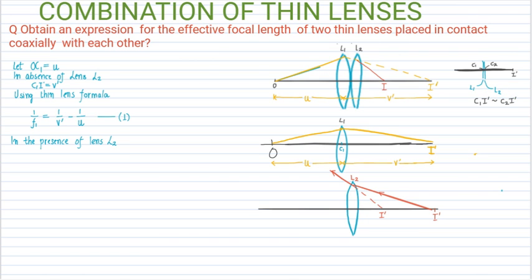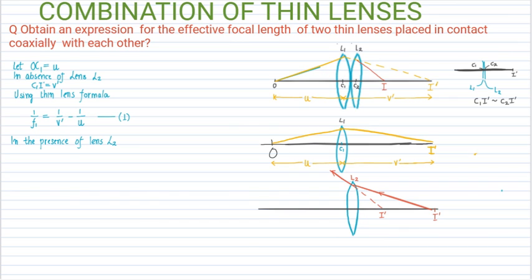So what is C1 and C2? C1 is the center for the lens L1. C2 is the center for the lens L2. Now since C1 I dash equals C2 I dash, in that case, what happens?